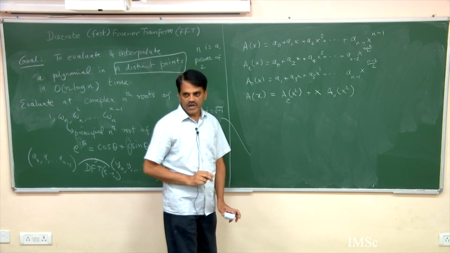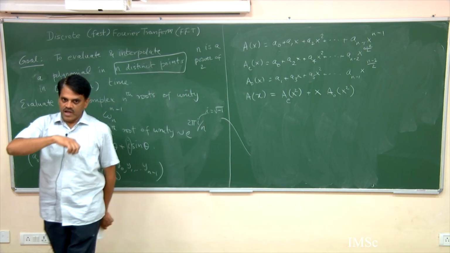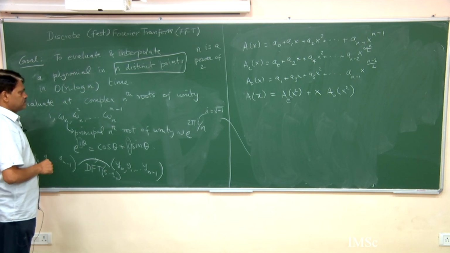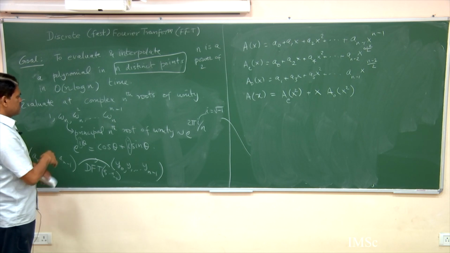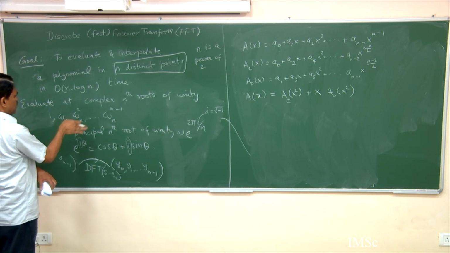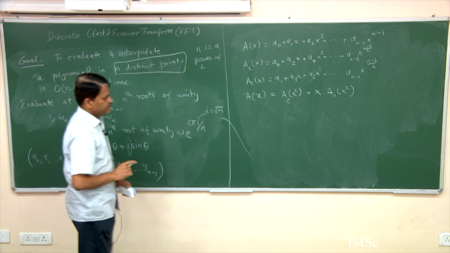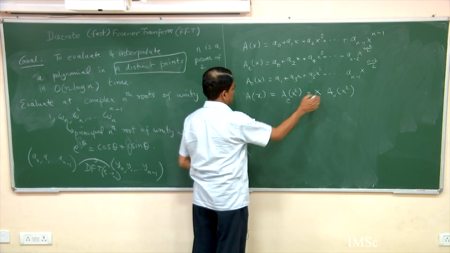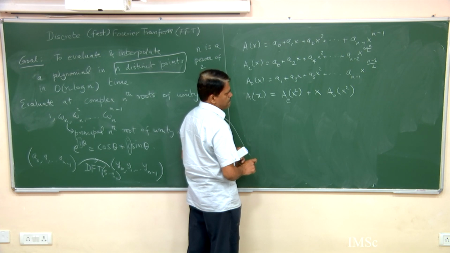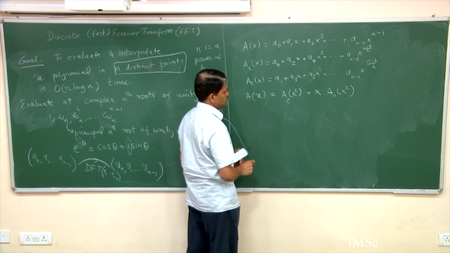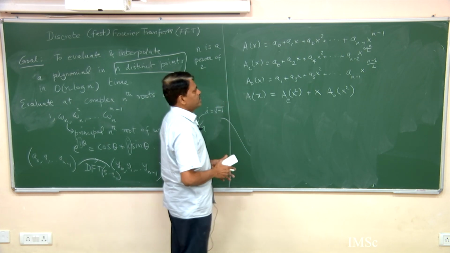It turns out that the nice property of nth roots of unity is pretty useful for me to evaluate these recursively.